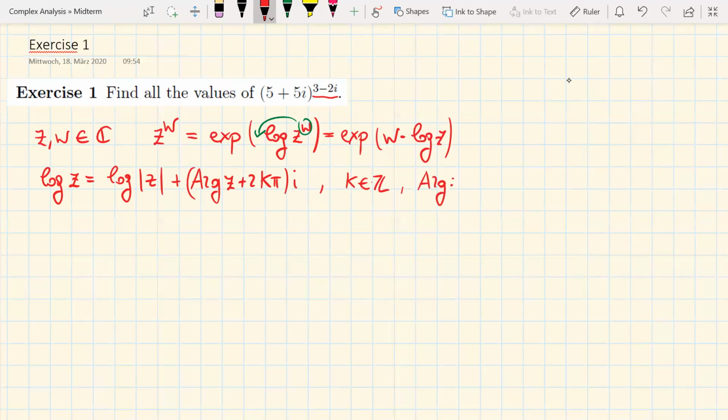So this is a map that goes from C to (-π, π], and gives me back the angle.